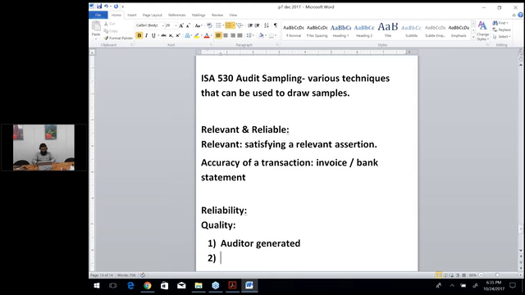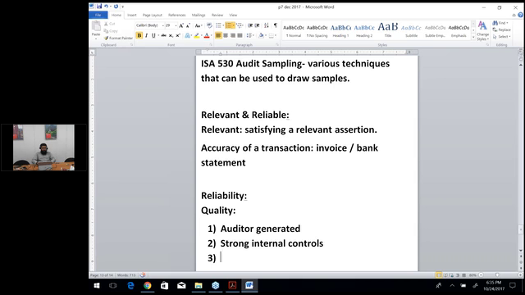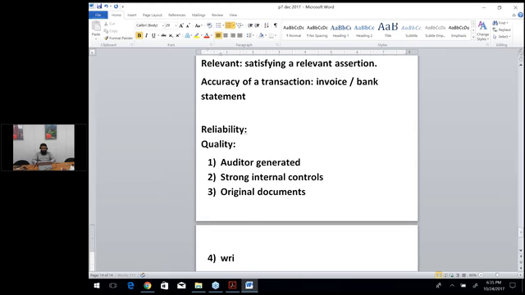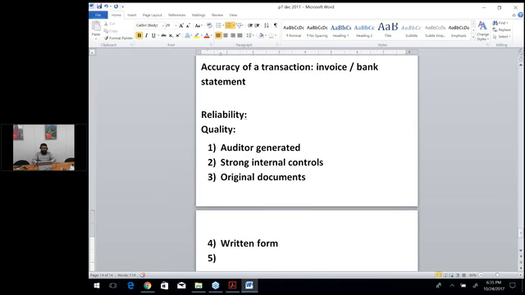Number two, strong internal controls. Number three, original documents. Number four, it is in the written form. And the fifth one is that it is externally confirmed.